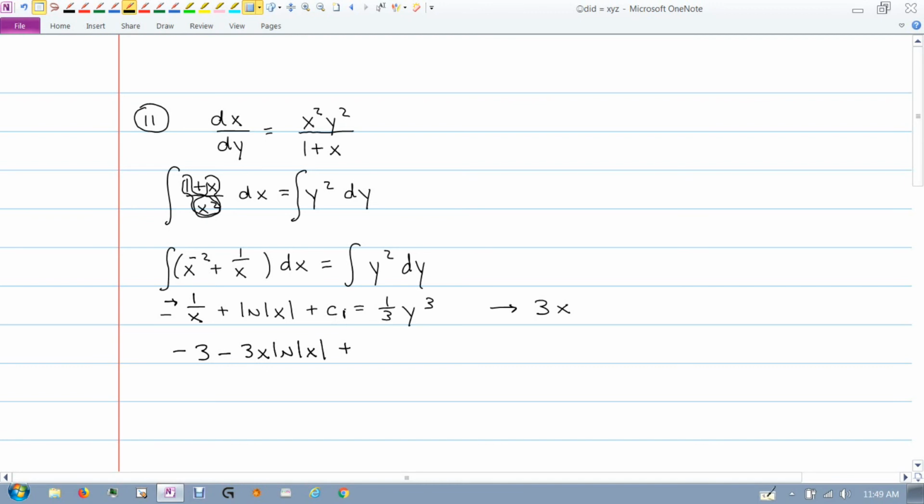So I'll call that C1, but when you multiply it times 3, it's just some new constant times x. And then equals, when you multiply by 3 here, you get xy cubed. Okay, so that's what the book does, but we were actually okay at this line.